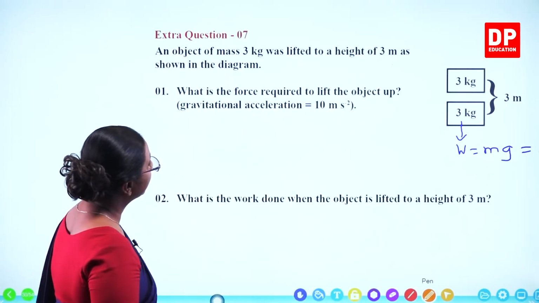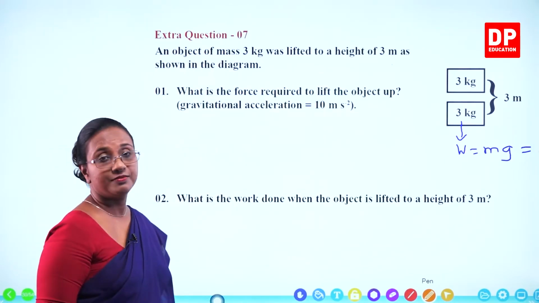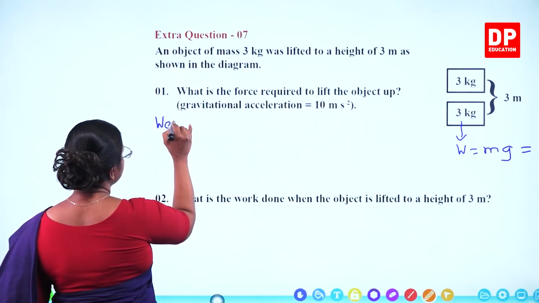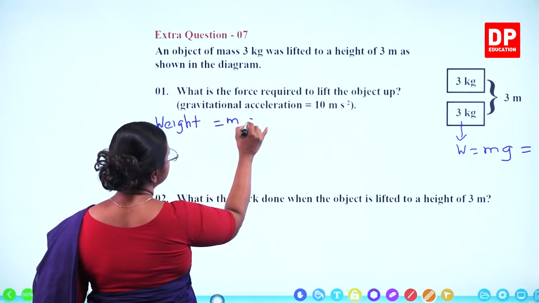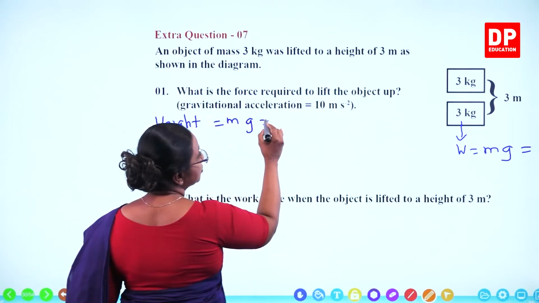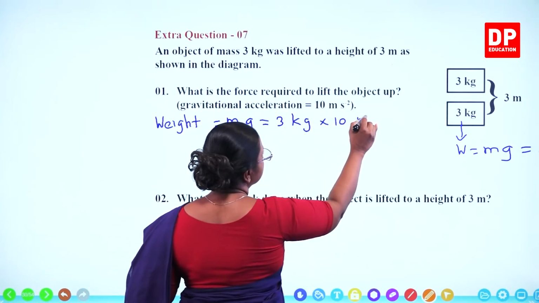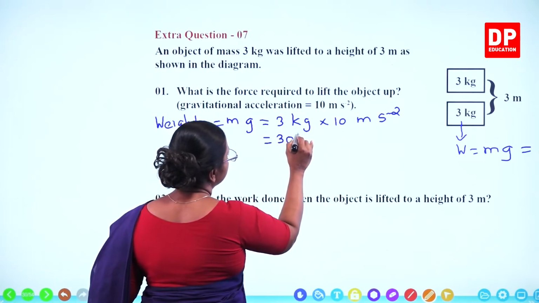what is the force required to lift the object up? Gravitational acceleration is given as 10 meters per second squared. So the weight of the object, weight equals mg, that is equal to 3 kilogram into 10 meters per second squared, that is equal to 30 Newton.